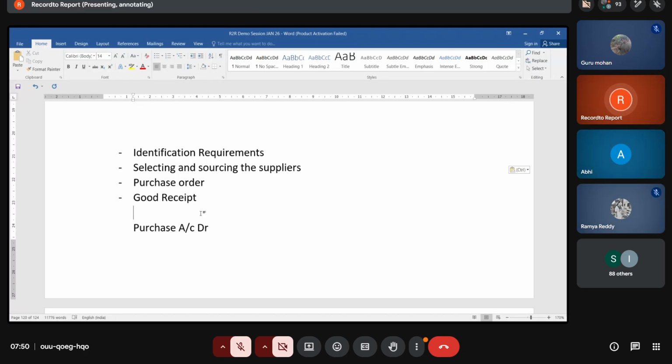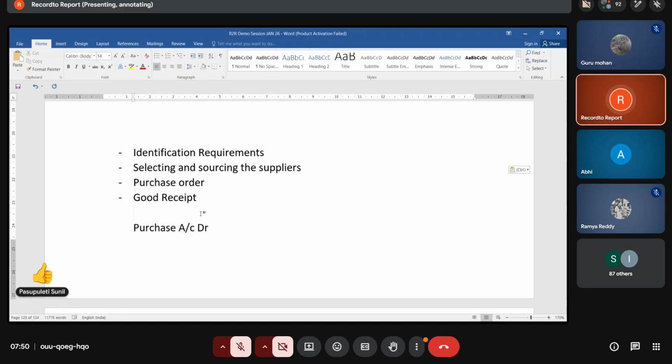In terms of O2C, once the goods are delivered, what is the entry? COGS, that is cost of goods sold, debit to inventory account. While generating the invoices, customer debit to sales account. While receiving the payment, bank account debit to customer account. Clear, guys? Yes, understood.